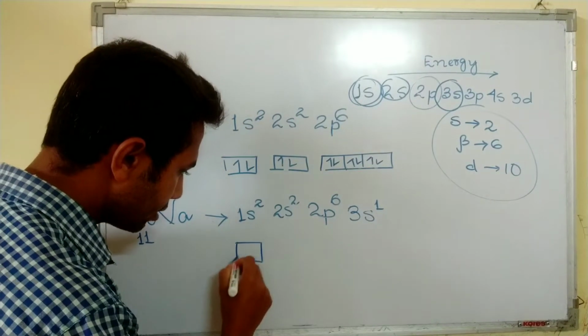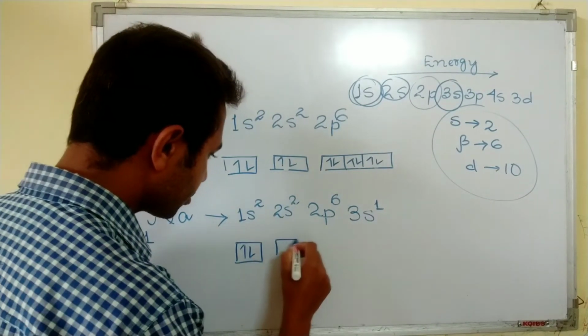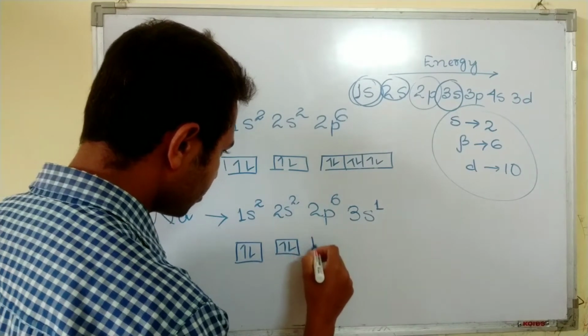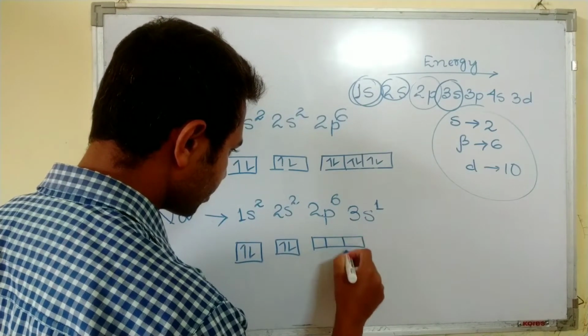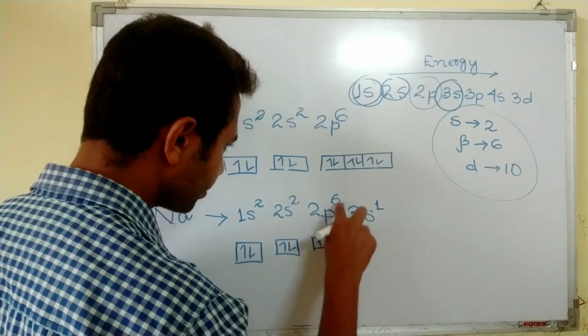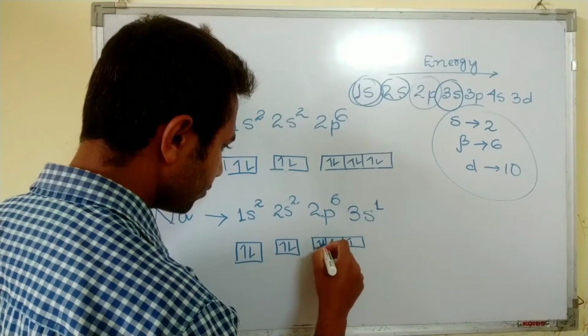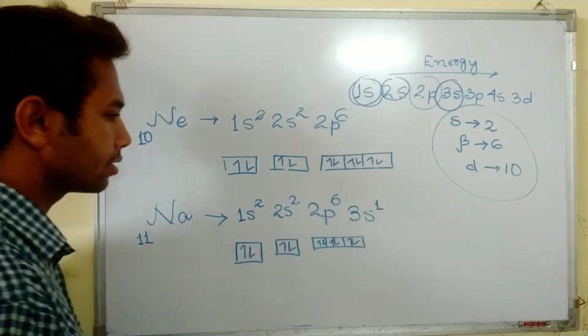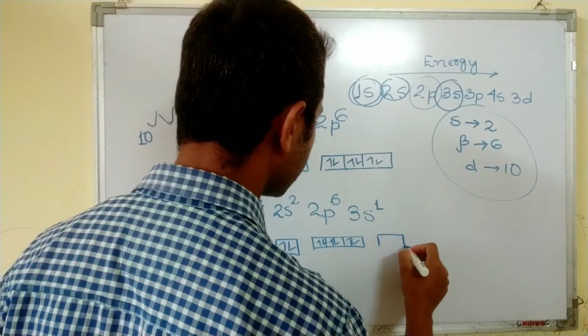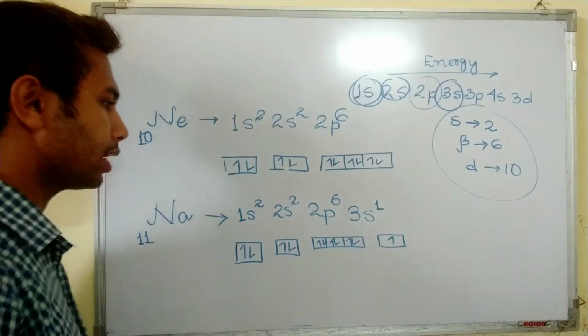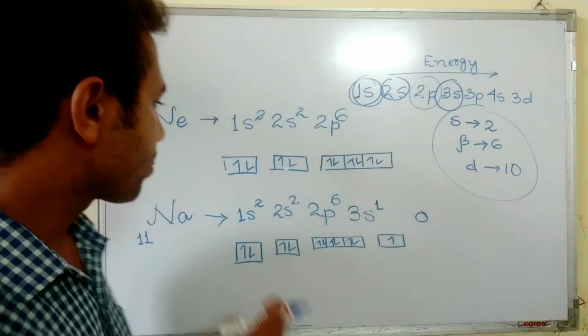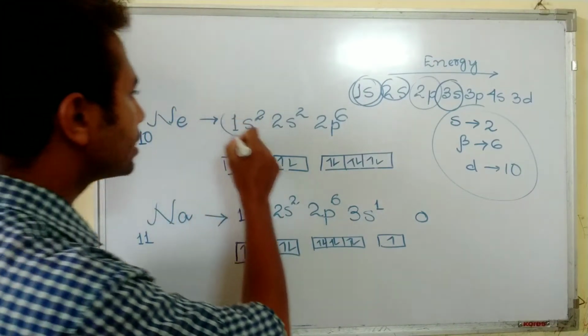Here you see 1s2, 2s2, 2p6, 1, 2, 3, 4, 5, 6, and 3s1. The configuration of neon is this.